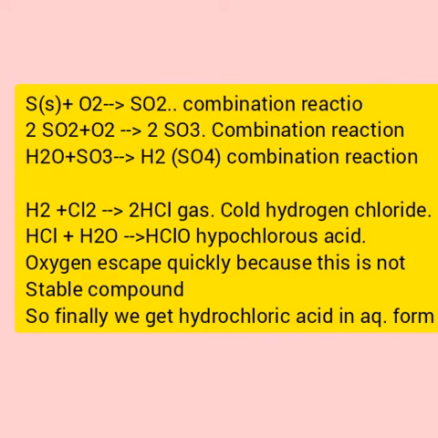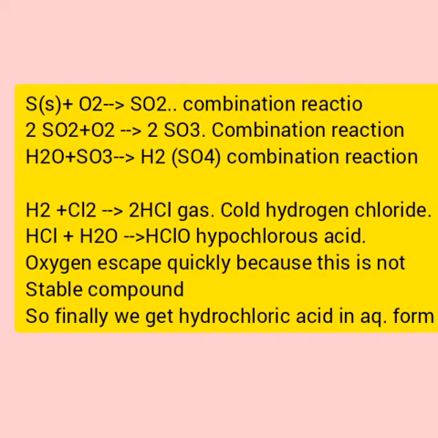Next, hydrogen reacts with chlorine to make hydrogen chloride gas. When it is a gas, we have to call it hydrogen chloride. This hydrogen chloride can be dissolved in water. When it is dissolved in water, we get hypochlorous acid, that is HClO. But this O will escape quickly, and only HCl is left.